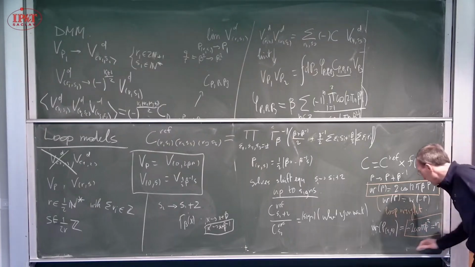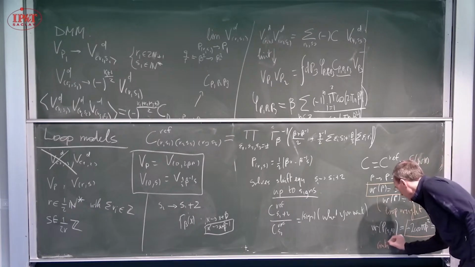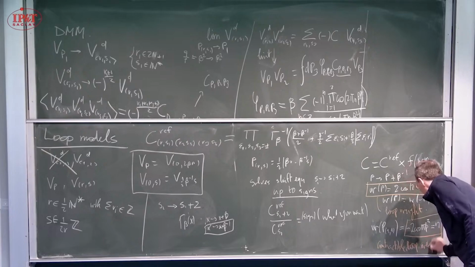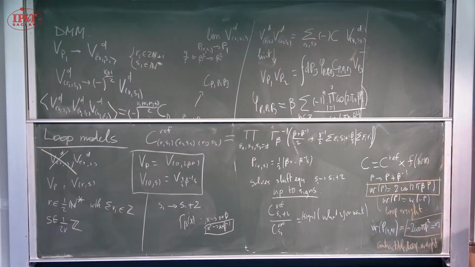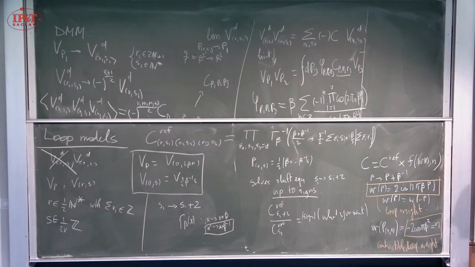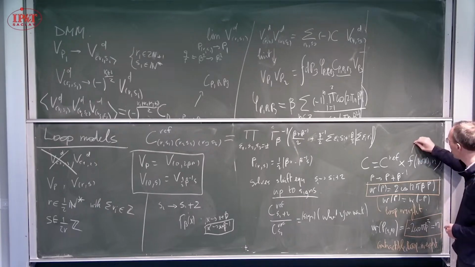So this would be the contractible loop weight. And so the claim is that this function depends on the central charge, but only via N now. And the even stronger claim is that this function f is a polynomial.